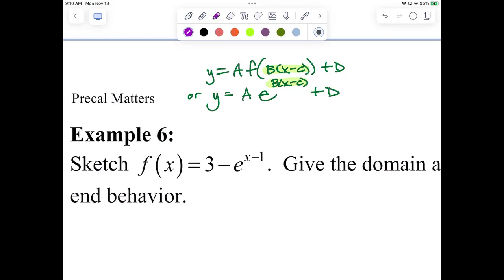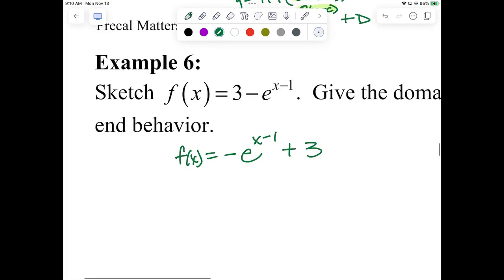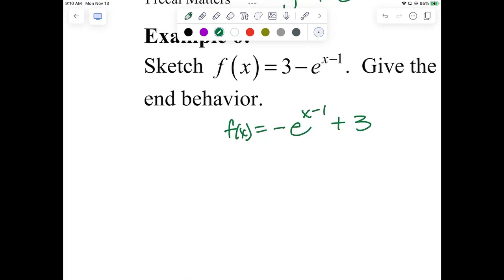Okay? So let's go ahead and put this one into standard transformation form because it's currently not. I get f of x equals negative e to the x minus 1 and then plus 3 at the back end. All right, let's go ahead and come off to the side and list the sequence of transformations just so that we make sure we know what's happening here. What is the negative in front going to do to this function as it would to any other function?